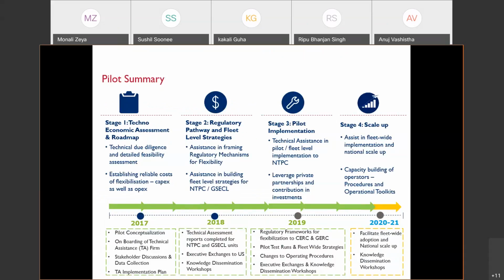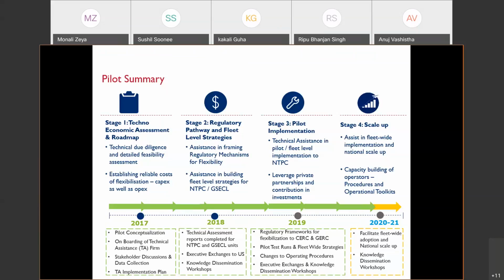We started with identifying flexible operations at a couple of 200 and 500 megawatt units in each of these utilities. We looked at how these units have run over the past 10 years, what the operational practices have been, how the maintenance schedules have been carried out, and what the major overhauls have been.